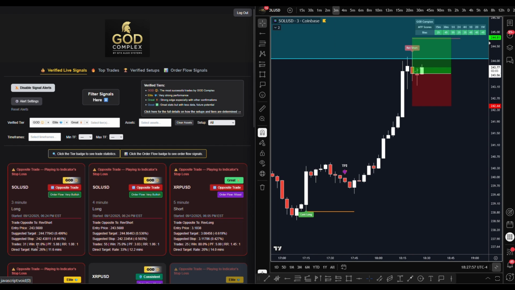Of course, taking this every time has won, but again, with an opposite trade and using a suggested stop, you never really know where it's going to go. If you were to have played this trade every single time, yes, it has been profitable. 5.8 profit factor is really good, 81% win rate. But it doesn't mean you can just take all these trades blindly.